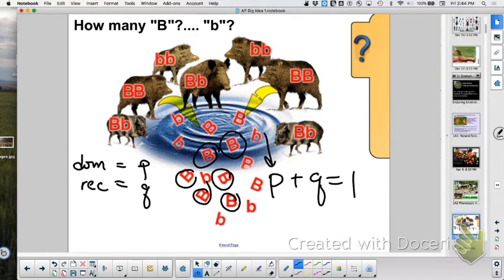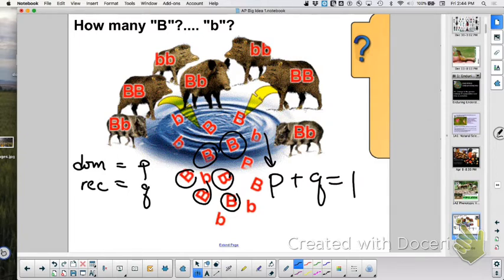Because big B is 0.8, and another big B is 0.8. Multiplying together, 0.8 times 0.8, right? So now we would say that there was a 64% chance that you would come out homozygous dominant.